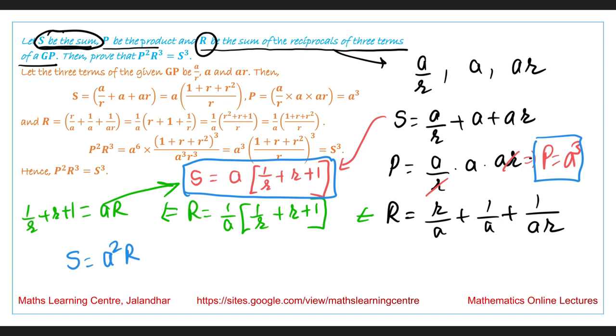Now we have to eliminate A from these two equations. So we write P is equal to A cube, S over R is equal to A square.